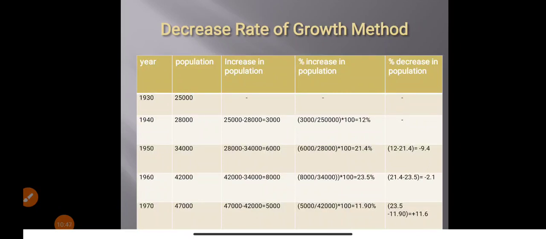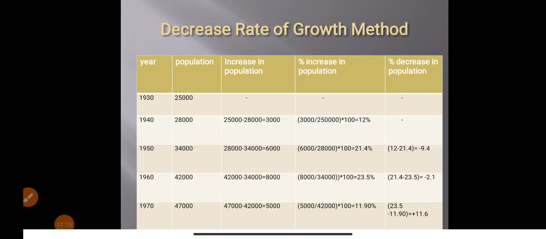What is the P naught? It is 47,000, no? And what is the percentage increase in population for the previous decade in 1970? It is 11.90. Then what is the average percentage decrease in population? It is minus 9.4 minus 2.1 plus 11.6 divided by 3.